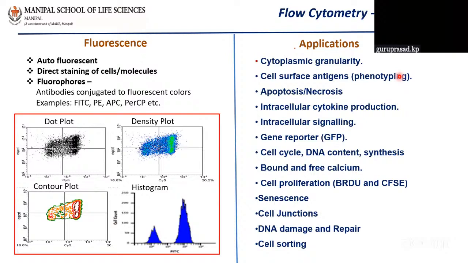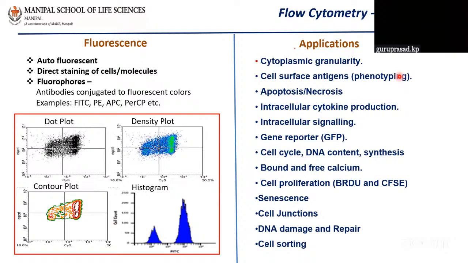And B cells have CD19, CD22. These antibodies are specific for these cells. Suppose you add an antibody for CD19 and an antibody for CD3 with two different colors, and when you pass the cells and make a plot of the two colors, you can look at the positive populations and identify the cell types.